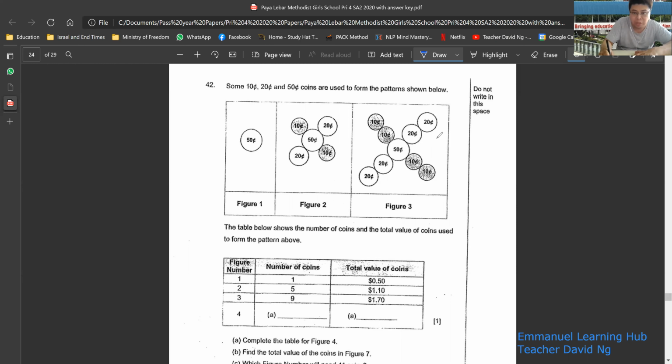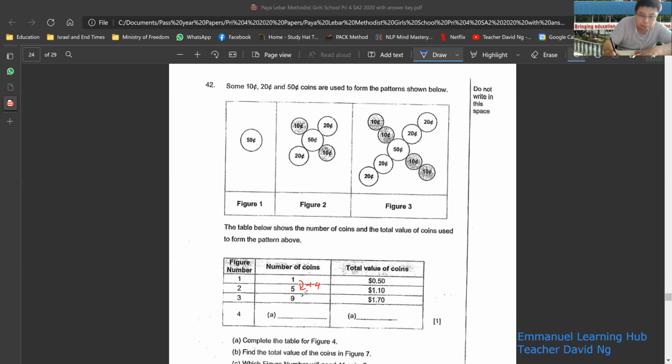Figure 3, you have 9 coins. So you have 1 50-cent, 2 20-cent, and 4 10-cent. So it's $1.70. Figure 4, how many coins will that be? 13. Very good. How do you get 13?